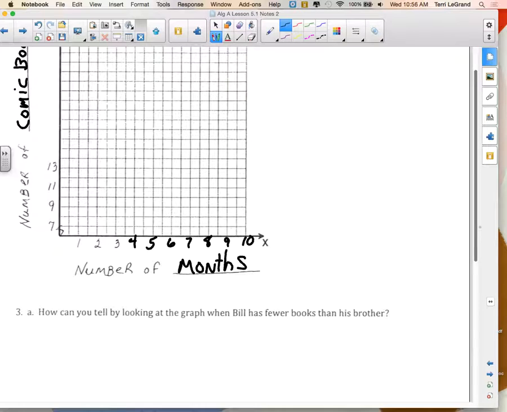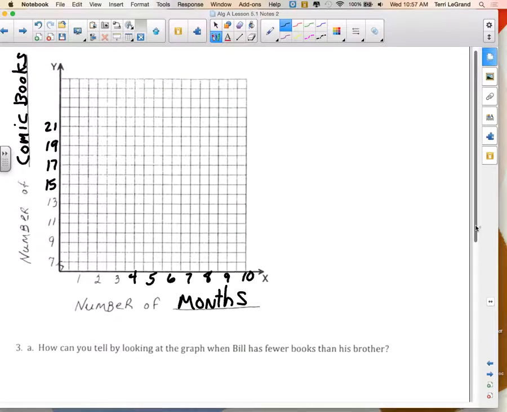So how many comic books am I going by at a time on the y-axis, Devante? 1. Even though I started at 7, it's still only going up by 1s, isn't it? So let's finish numbering it. So you always want to make it a nice reader-friendly graph before you even do any graphing.